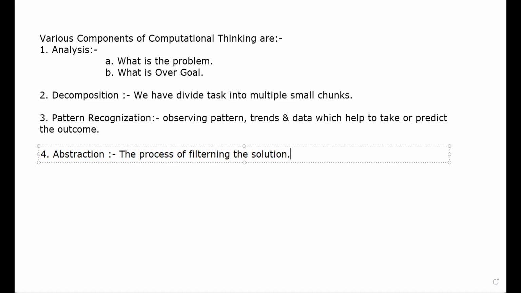The simple definition is process of filtering the solution. किसी solution को और filter करना क्या कहलाता है? Abstraction कहलाता है. Just like my dear students, as you can see that we just need to go Delhi to Mumbai.